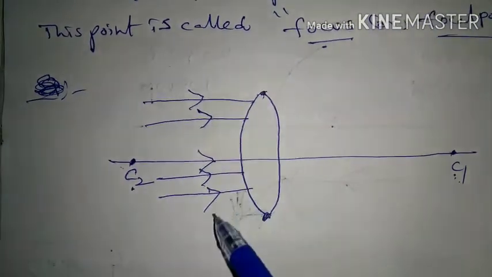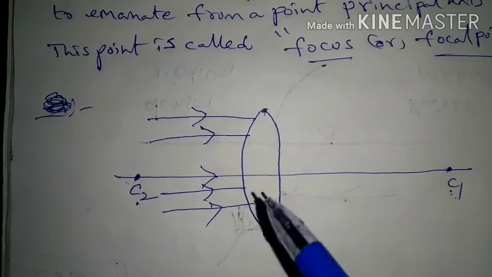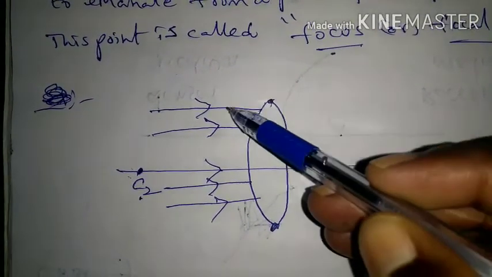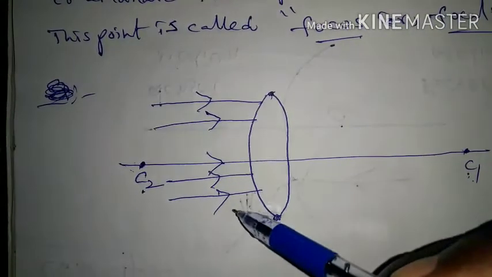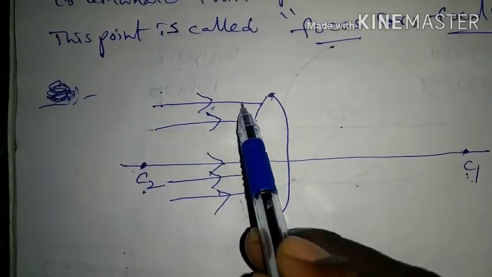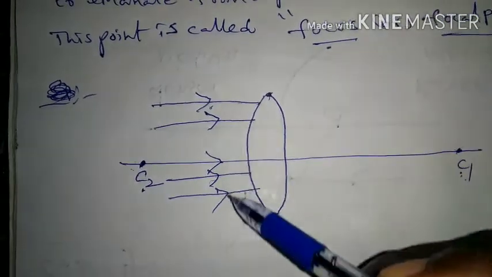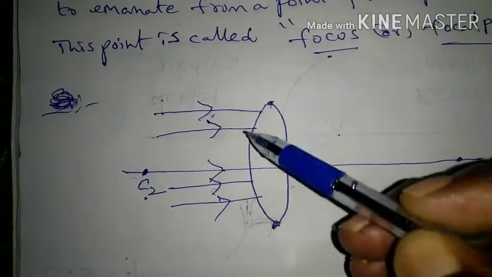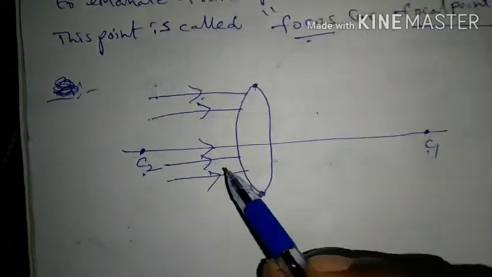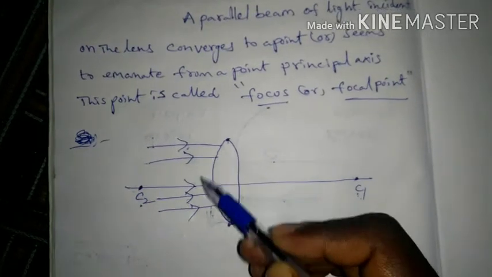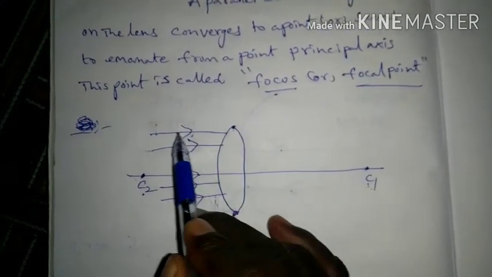This is a parallel beam: a group of light rays parallel to each other. This ray and this ray are parallel to each other. This is called a parallel beam.